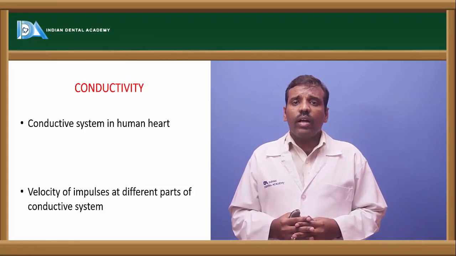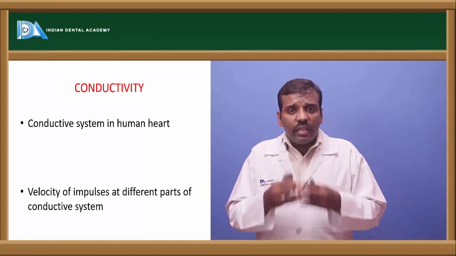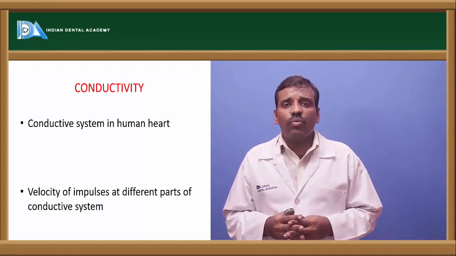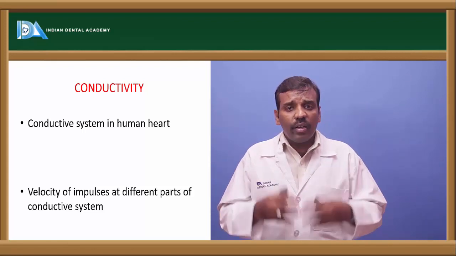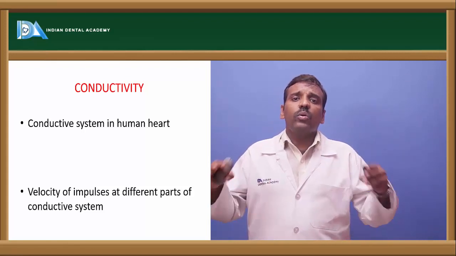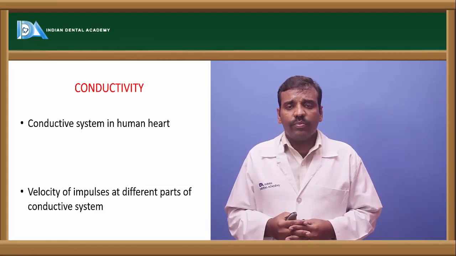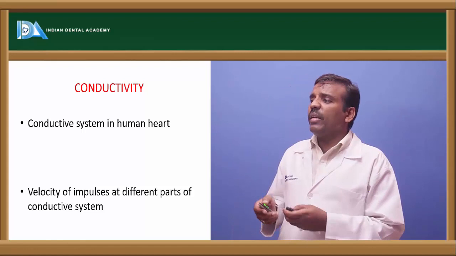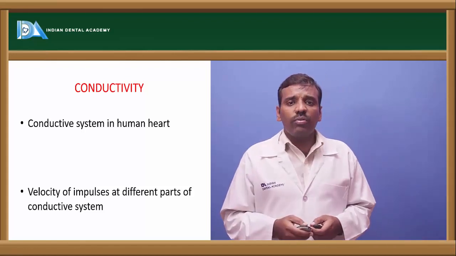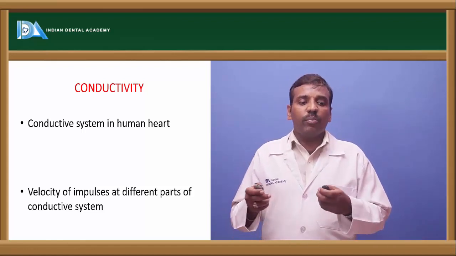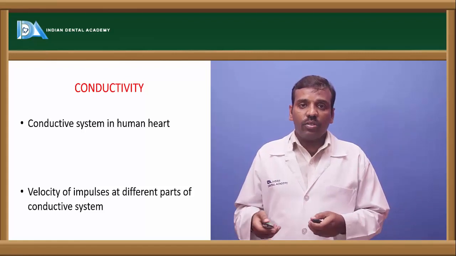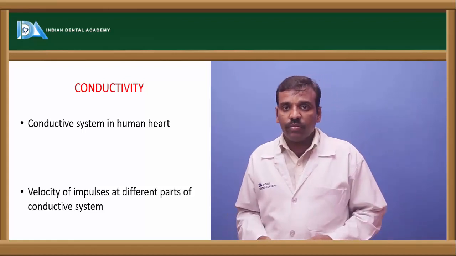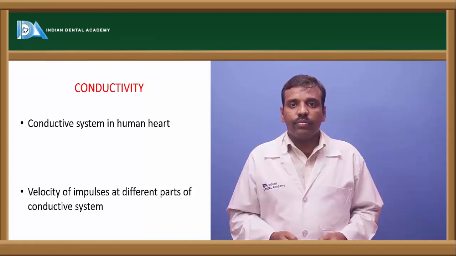And through the bundle of His, those impulses reach the Purkinje fibers and ventricular muscle, and totally to the cardiac muscle. That mainly depends upon the velocity of impulses at different parts of the conductive system. Already we saw this just before in the slide.